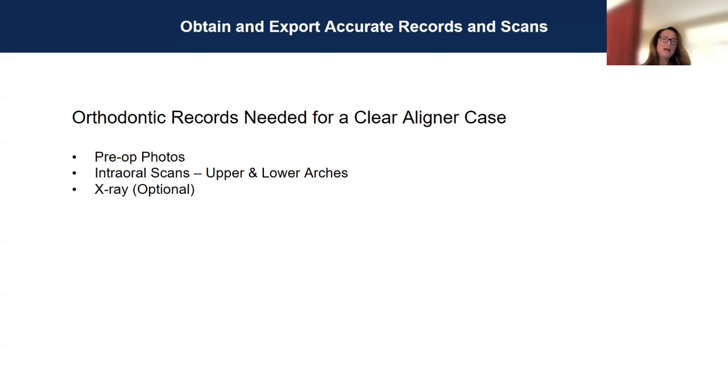So ortho relapse cases are the wonderful ones to start off with. And I'm sure a lot of your team members would like to have aligners, and that's a really good thing, so they can show the patients, I'm wearing my clear aligners, and tell them how nice it is.